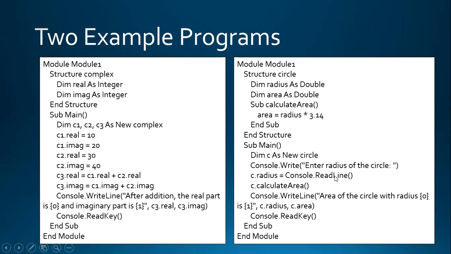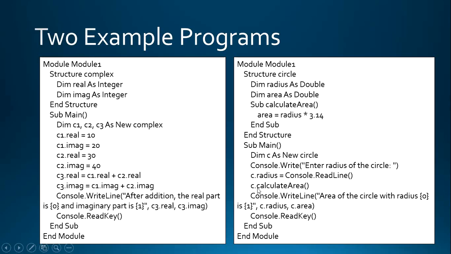This is the part where you take input from the user. To take input from the user, you use Console.ReadLine, and after taking the input it will get stored in c.radius.